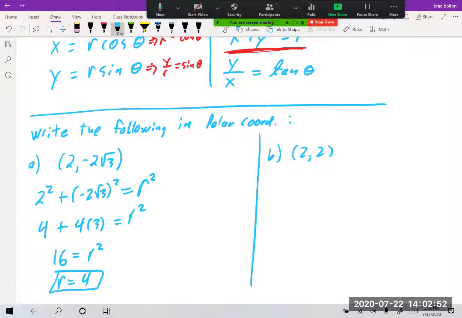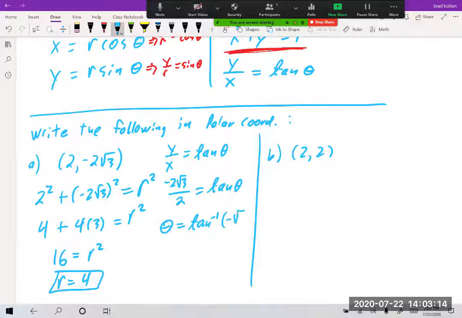Now we can come over here and say y over x is equal to tan theta. In this case, y is negative 2 square root of 3 over x, which is 2, and that has to be tan of theta. The 2s would cancel, so theta is equal to tan inverse of negative root 3.